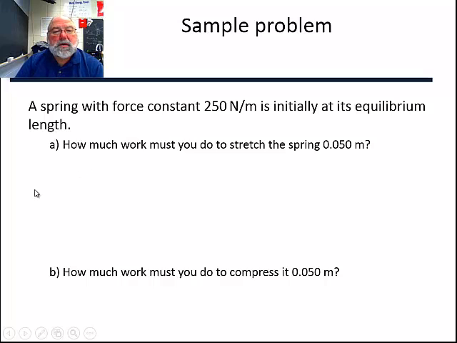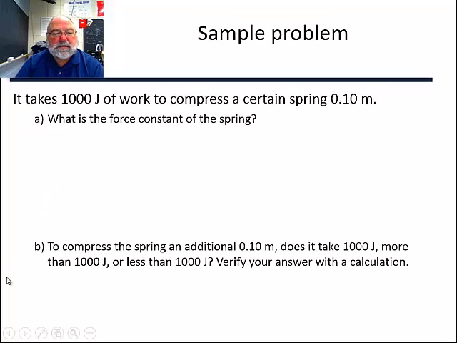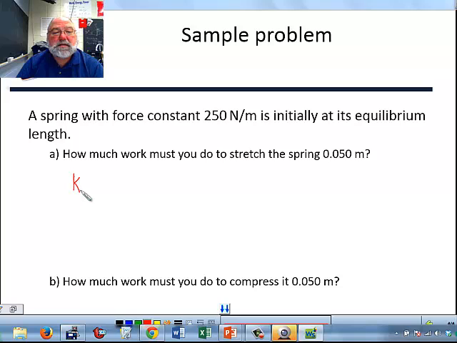Okay, so we have a K. K is equal to 250 newtons per meter. Okay, and the work you must do, so that's going to be negative the work done by the spring. We'll call this the work applied here.